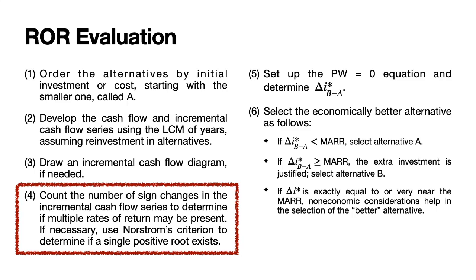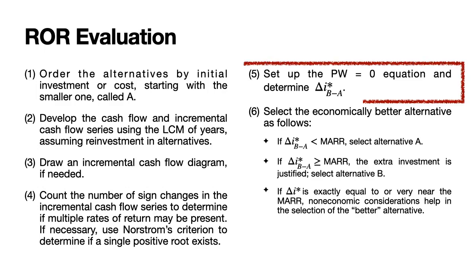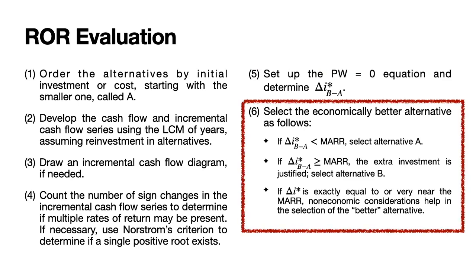The second one is that you need to set up the present worth equation based on the incremental cash flow diagram, and then find the estimated rate of return using the estimation method based on the incremental series. Finally, you need to decide which is the better alternative based on your calculation. The alternatives can be selected by following this guideline.